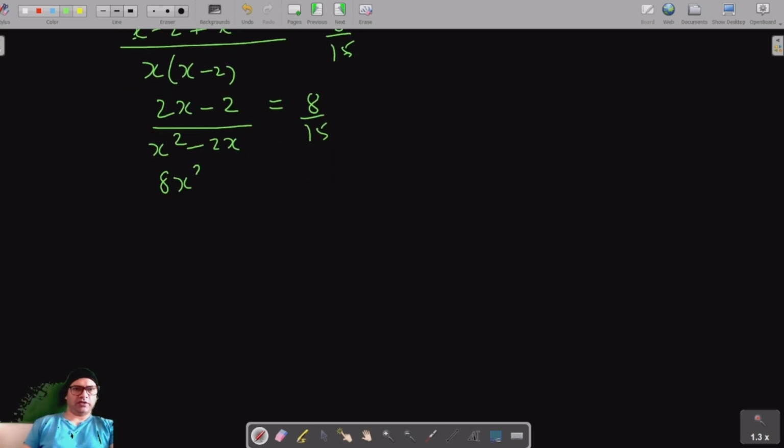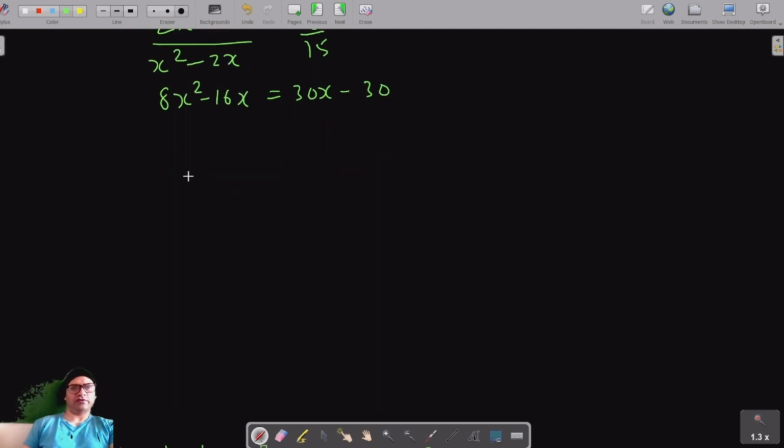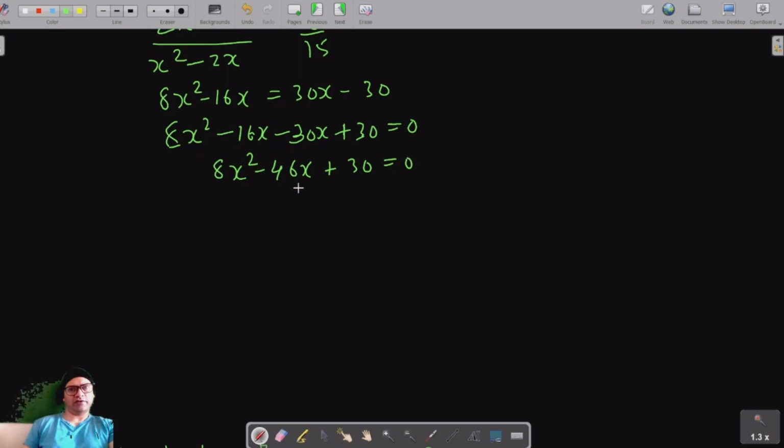This gives me 8x squared minus 16x is equal to 30x minus 30. So this is 8x squared minus 16x minus 30x plus 30 is equal to 0, and this is now 8x squared minus 46x plus 30 is equal to 0.